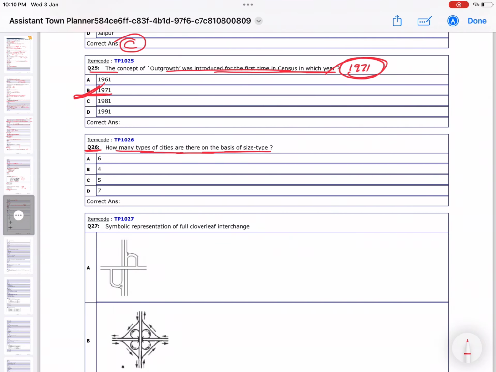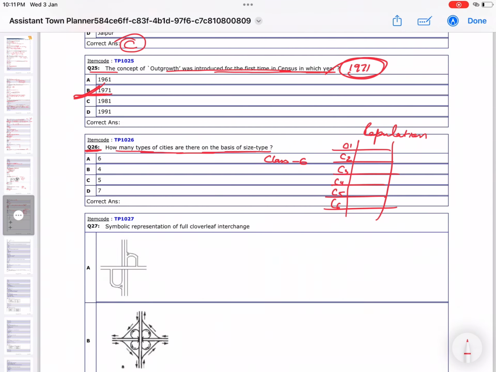The total classes of city are 6, class 1 to class 6, demarcated by population.